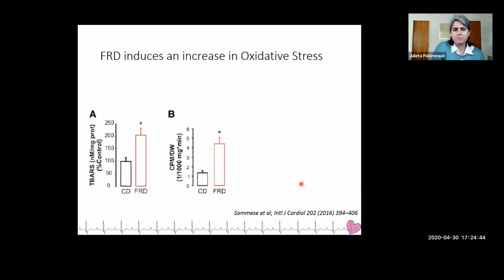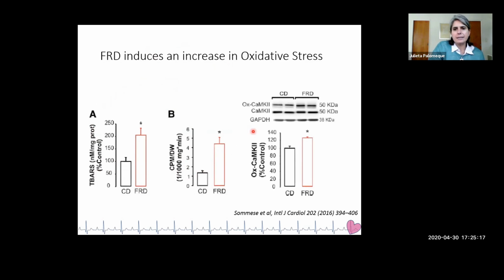CaMKII can be activated by increasing calcium, by oxidative stress, by nitrosylation, by glycosylation. So at that point, we started to look for the oxidation of the enzyme, and we could detect that in our model, we have an increase in oxidative stress detected by TBARS or by a luminescence method, and moreover, we have an increase in the oxidation of the enzyme in our model.